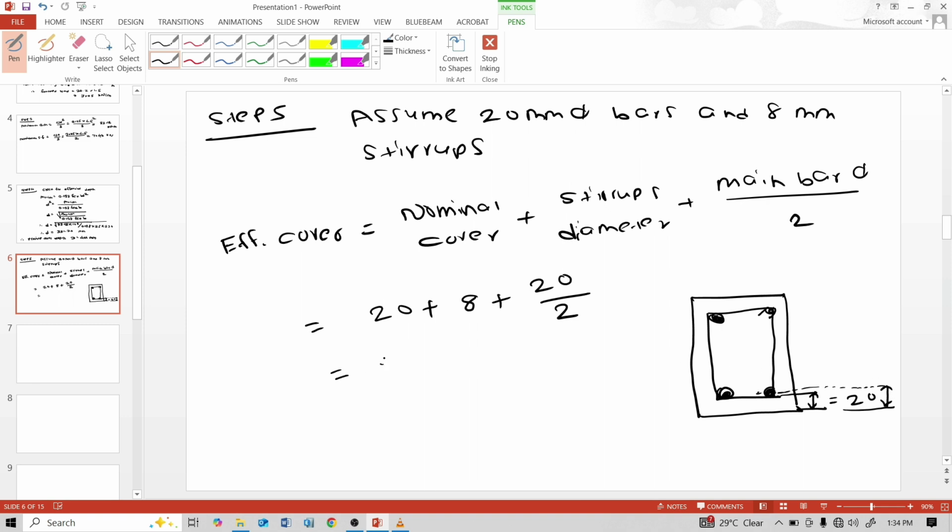So 20 plus 8 plus 10, 38 mm, we get effective cover. And from top to the middle of the main bar, this distance, small d, is effective depth.